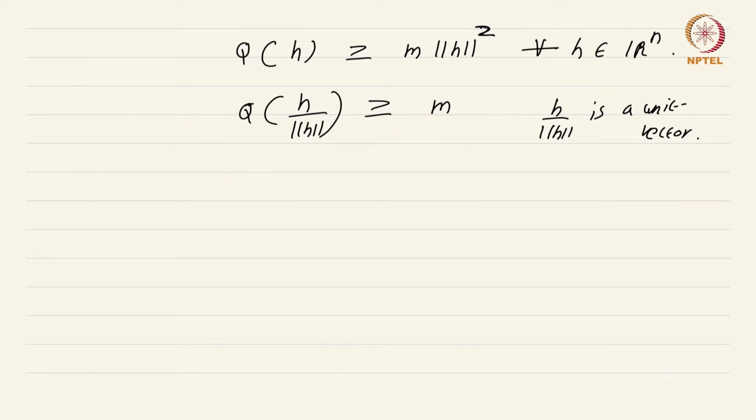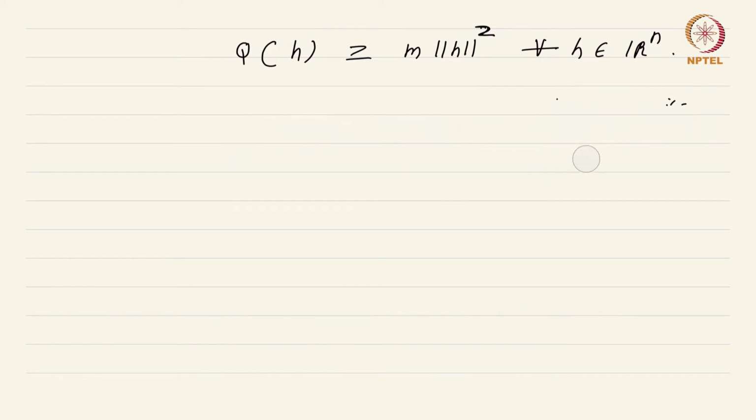Just look at the definition of Q. It's just h transpose Hessian times h. When you replace h by h by norm h, there will be a 1 by norm h squared sticking outside. Just shove it to the other side. So we have that Q of h is greater than or equal to m times norm h squared, and this is true for all h in R^n.